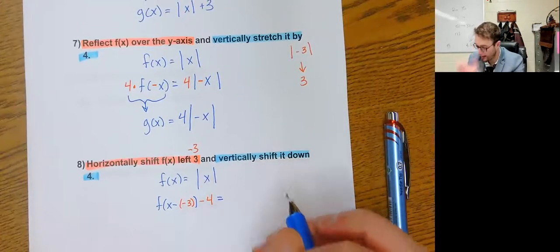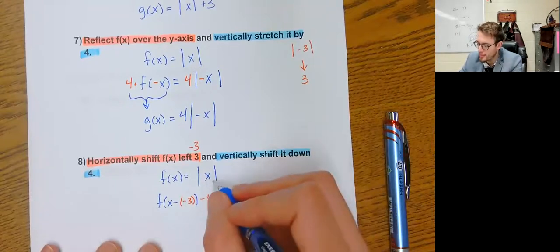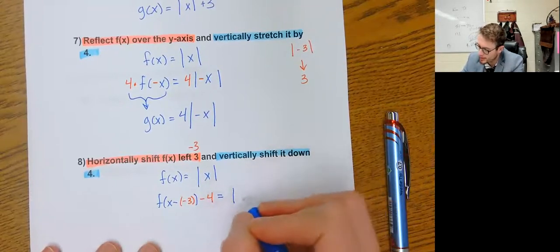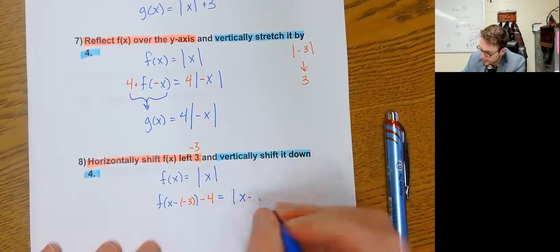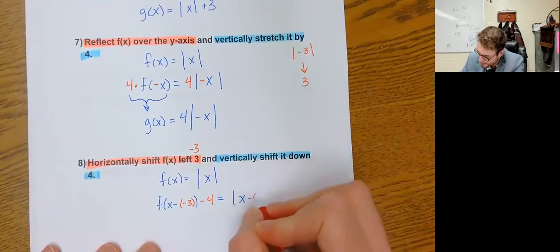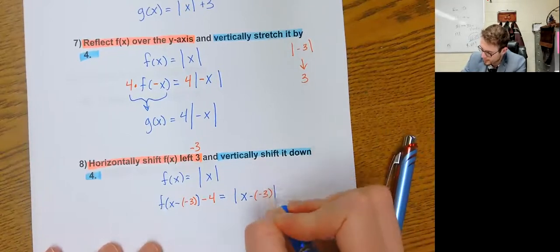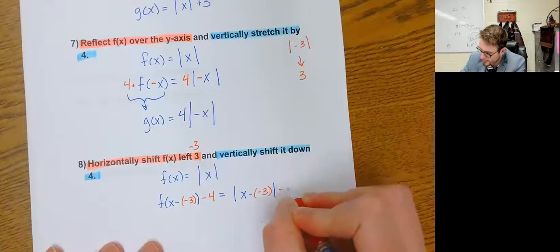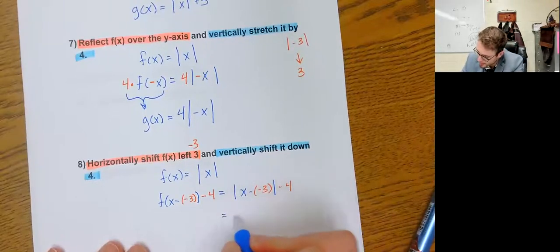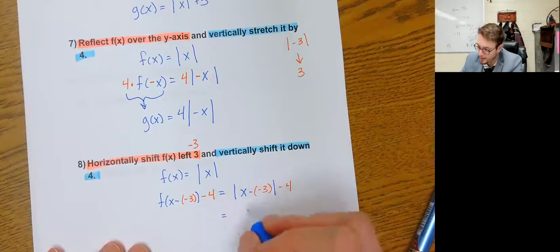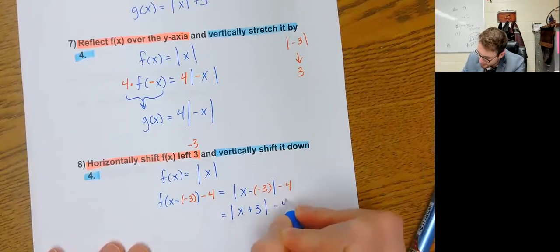Equals. Okay, well, I already have absolute value bars around my input. So x minus negative 3, and then minus 4. This whole thing is going to simplify to be the absolute value of x plus 3 minus 4.